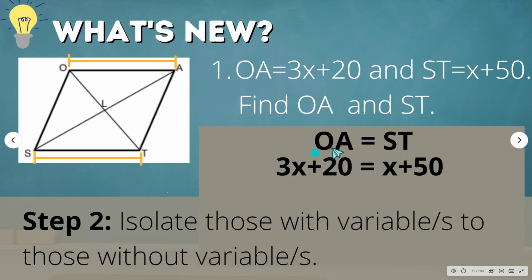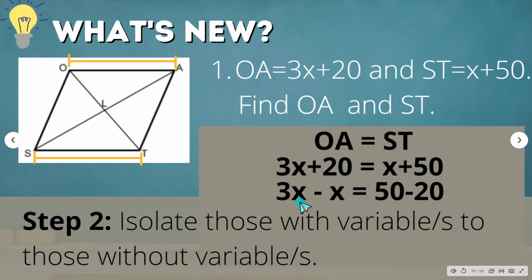So we have OA is equal to ST. Step number 2, isolate those with variables from those without variables. Side OA measures 3x plus 20, side ST measures x plus 50. Let's isolate those with variables from those without.